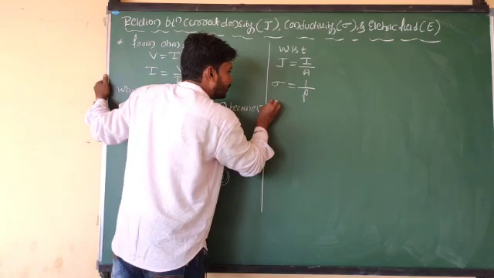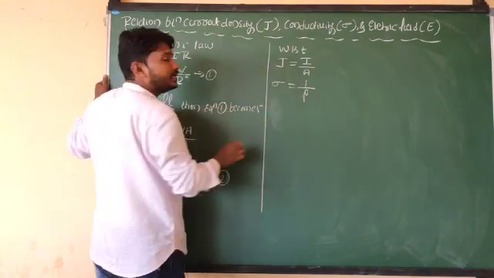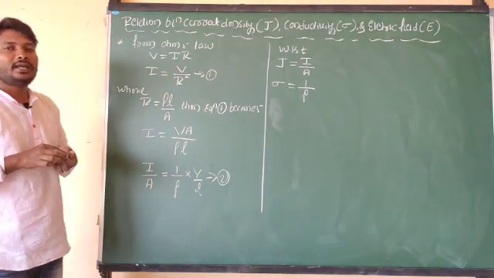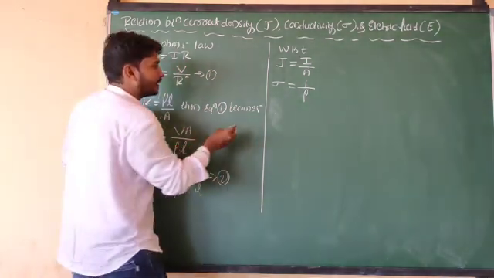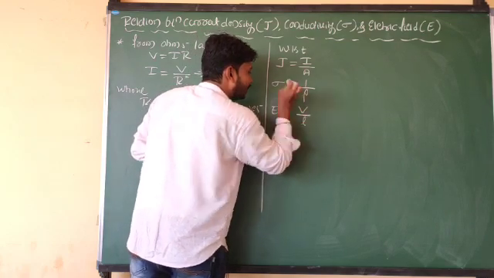The relation between electric field and electrostatic potential is E equal to minus dV by dR. If you consider only magnitude, E is equal to V by R, and R is nothing but the length L here.